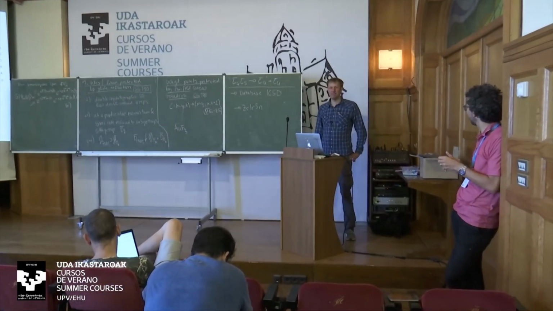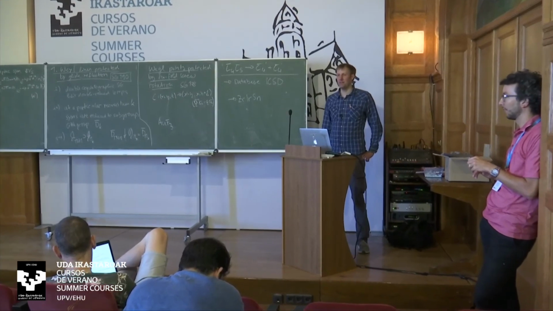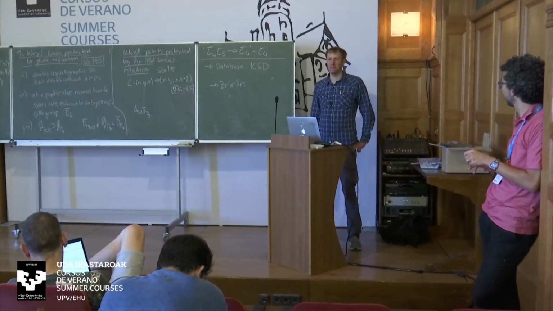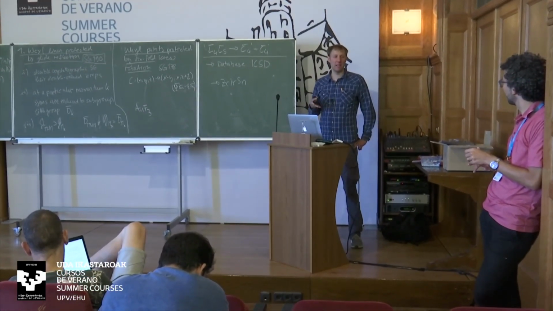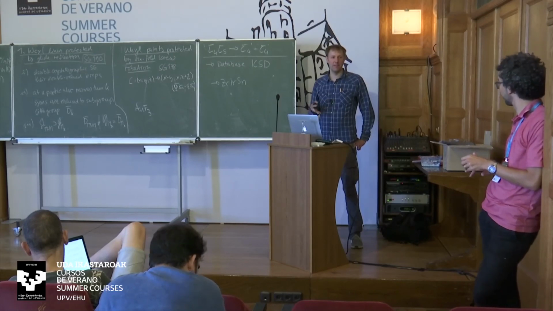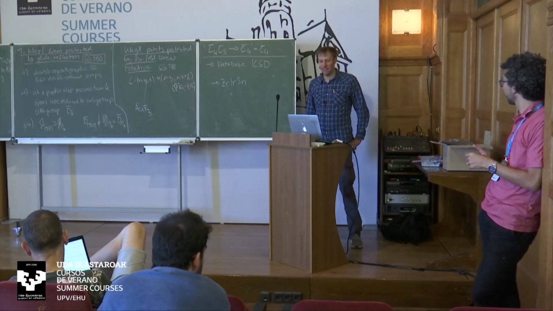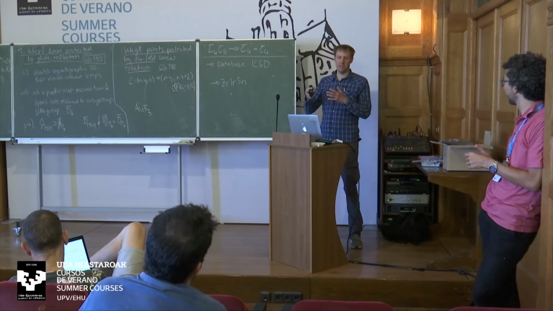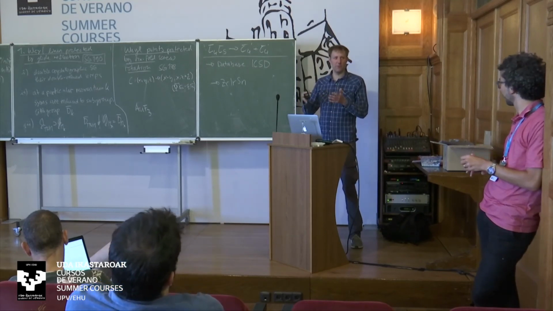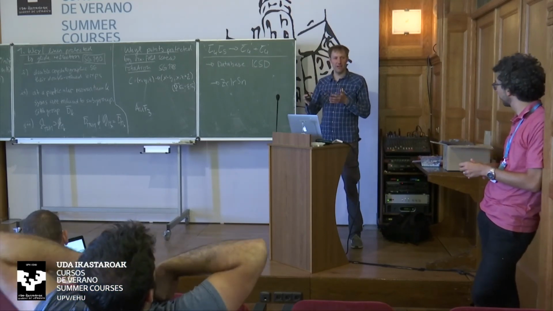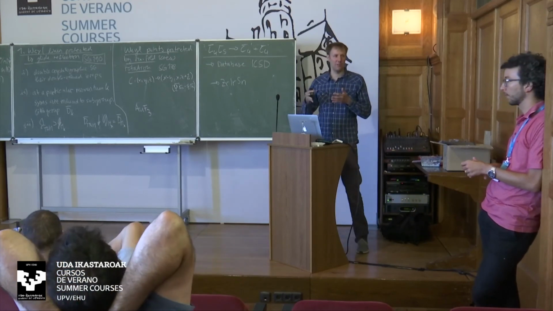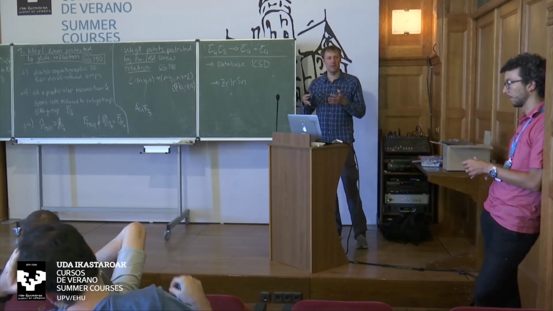There have been some groups who have tried to predict new materials in this way, where you study the energetics of different arrangements of the atoms. Basically, you have to compute the phonons, and if you have imaginary phonons, it means this arrangement will be unstable.